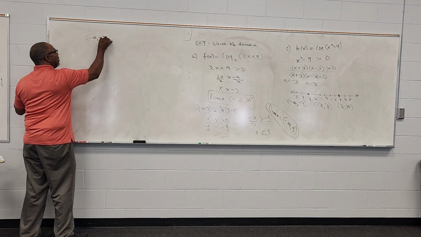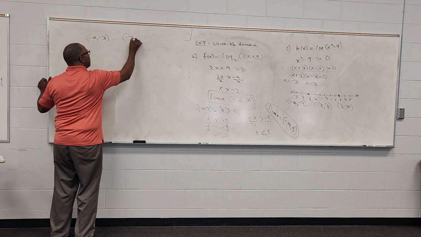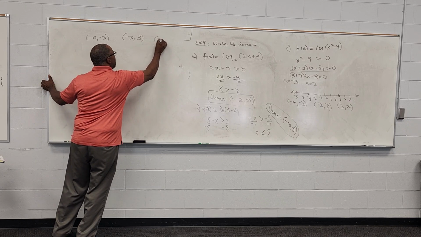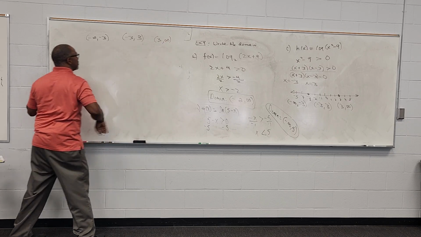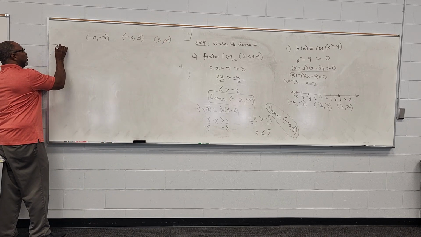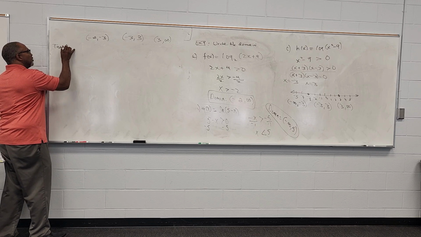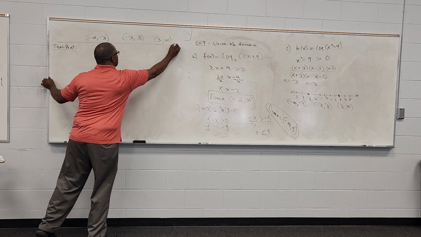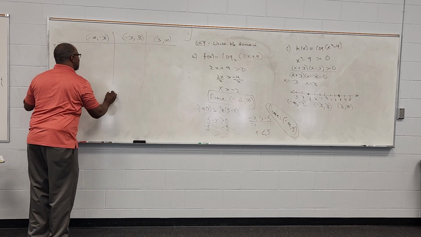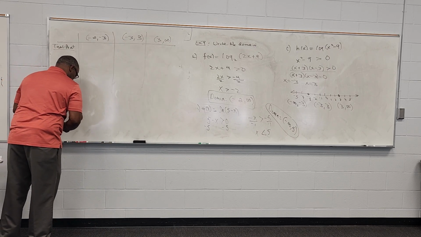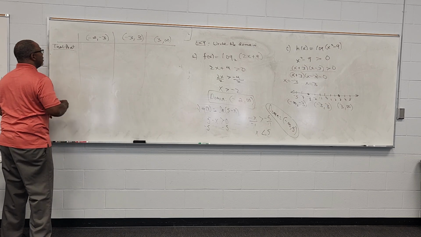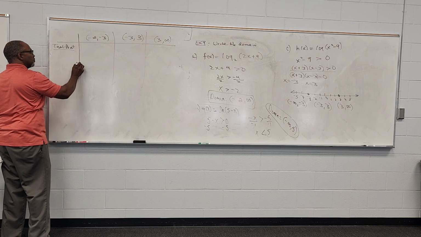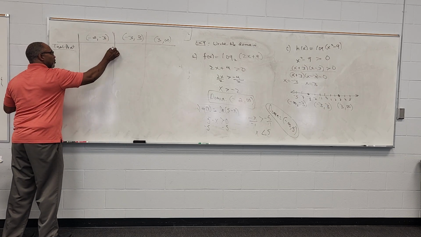Negative infinity to negative 3, negative 3 to 3, 3 to infinity. We're going to need a test point in each interval. So we're going to make a chart. Hopefully this is somewhat familiar.